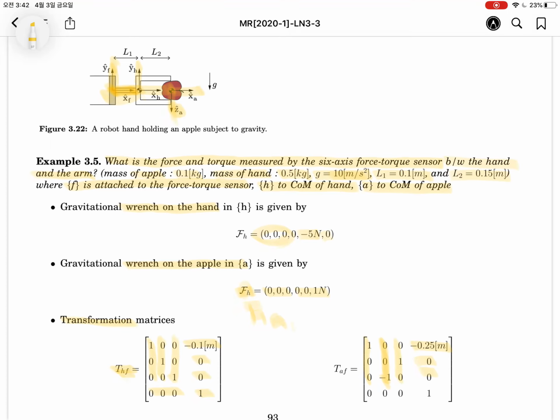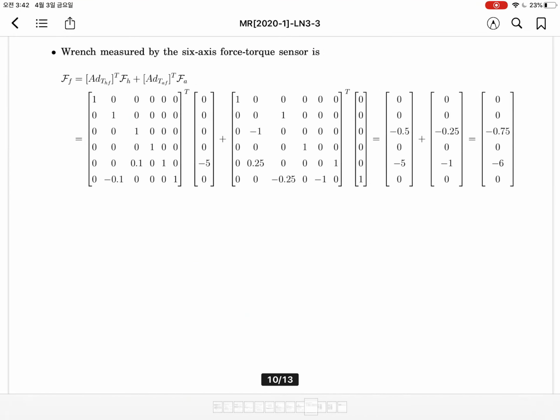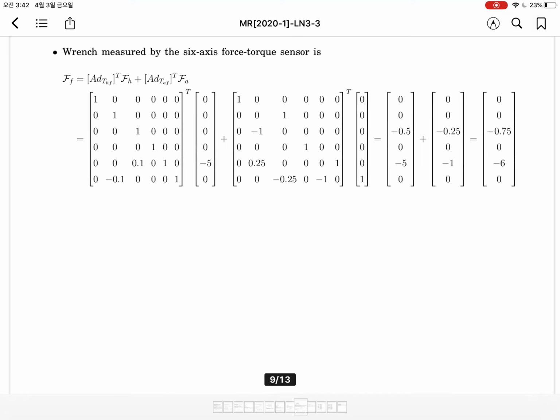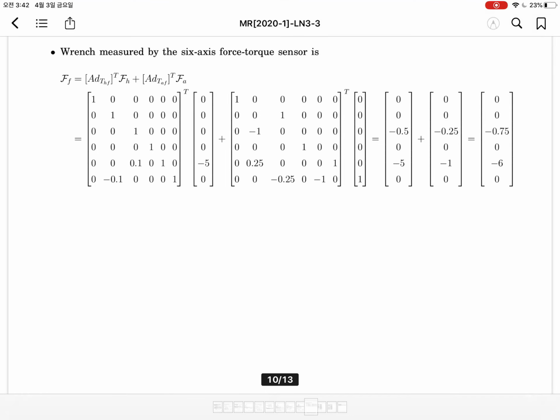Okay, using this kind of setup, we can calculate the wrench applied to the force torque sensor. The wrench on the sensor is obtained using the adjoint map transpose of TFH, this map, and FA.